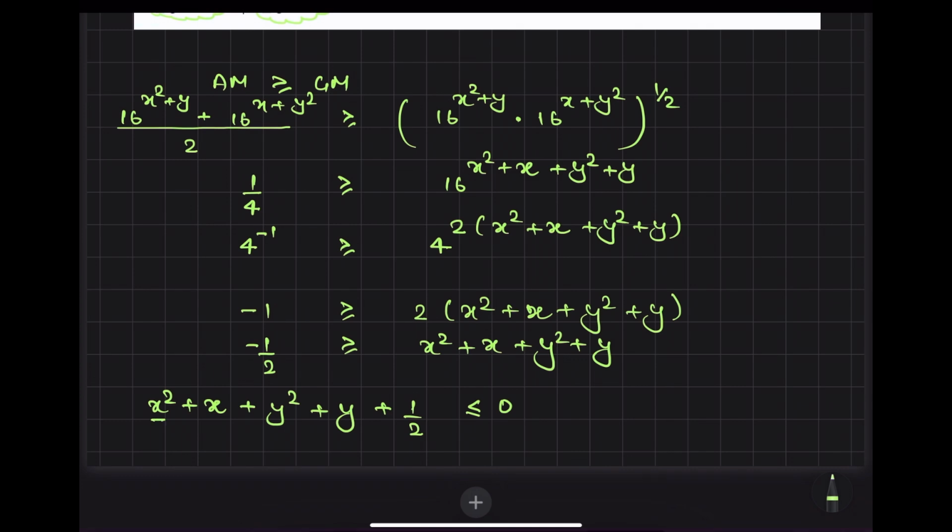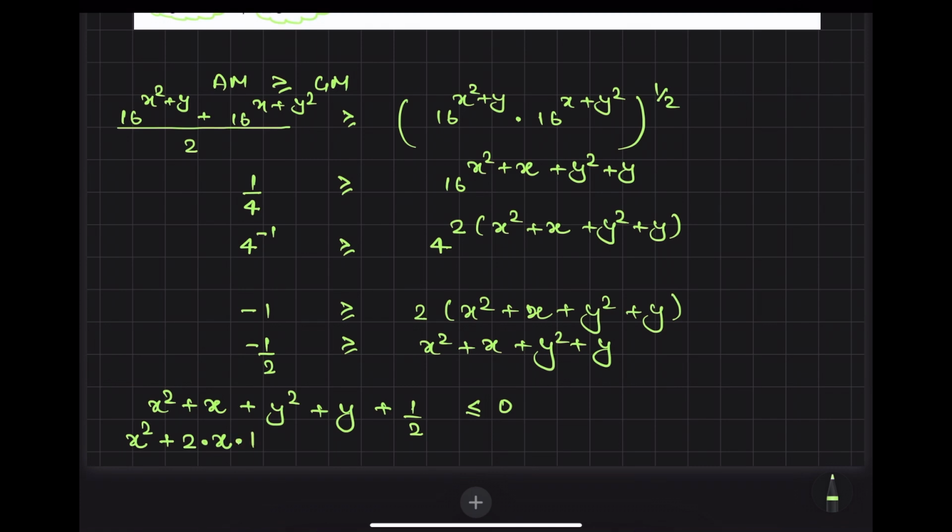Now if you observe, you have a square. You can convert this into a square plus 2ab. Look at this: a square plus 2, a is x, and what should be the value of b so that it remains x?